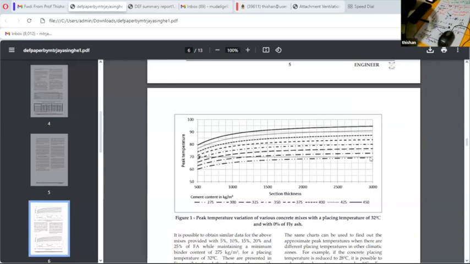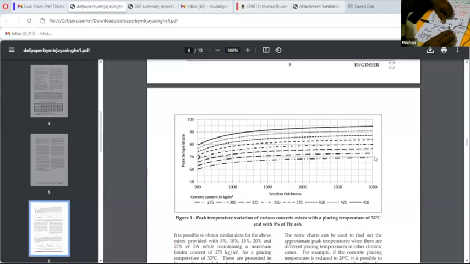So you have no control over the temperature. The placing temperature has to be 30, but the maximum temperature is 70. So you can't take a risk. Why? Because if you use more cement, you might get delayed ettringite formation.